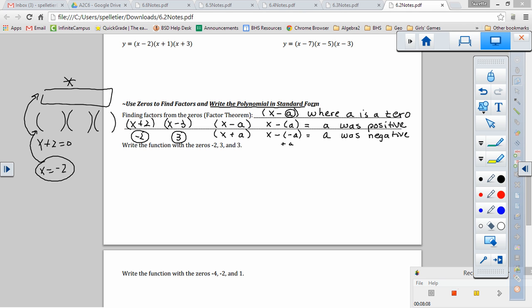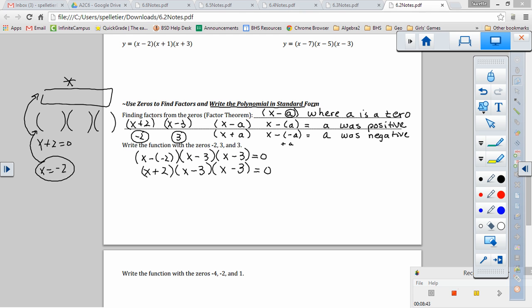So if I give you these roots, negative 2, positive 3, and another positive 3, then what you need to know is that when you're plugging them back into the parentheses, it's going to be x minus negative 2, x minus 3, and x minus 3. So subtracting negative 2 is going to be x plus 2, x minus 3, and x minus 3.